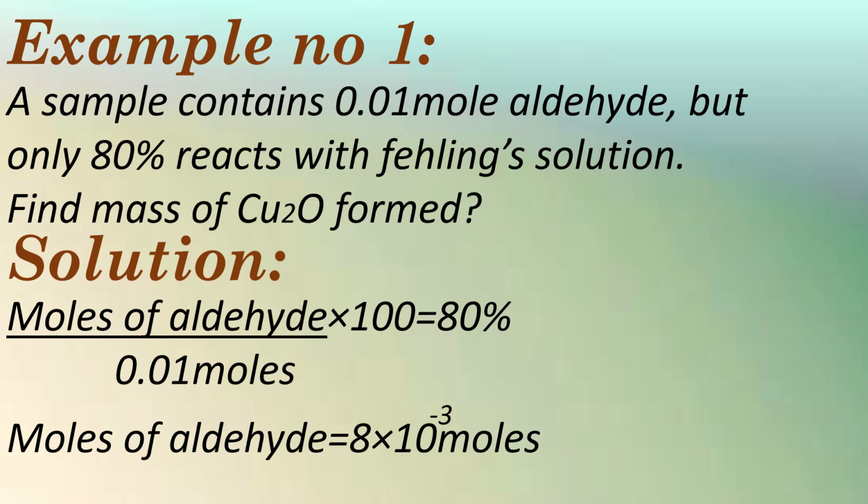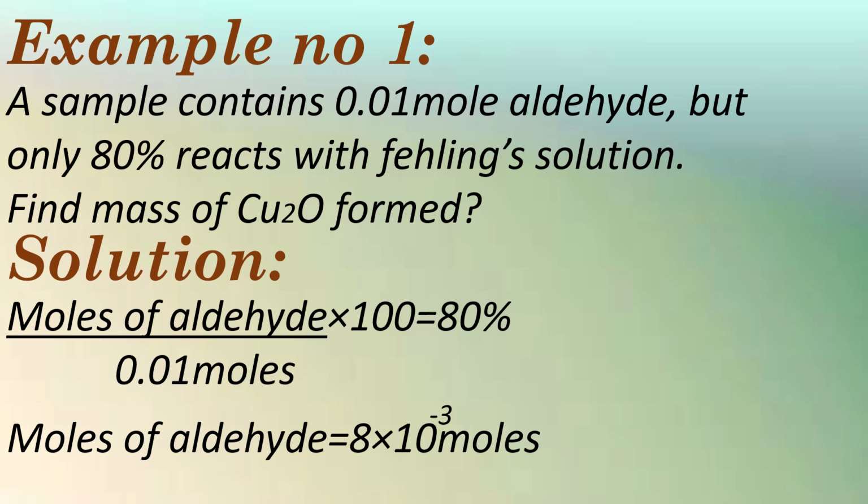Solution. Because only 80% reacts with Fehling solution, we have to find that moles which are 80% of 0.01. We will write moles of aldehyde divided by 0.01 multiplied by 100 is equal to 80%. After solving, moles of aldehyde are calculated to be 8 exponent minus 3 moles.